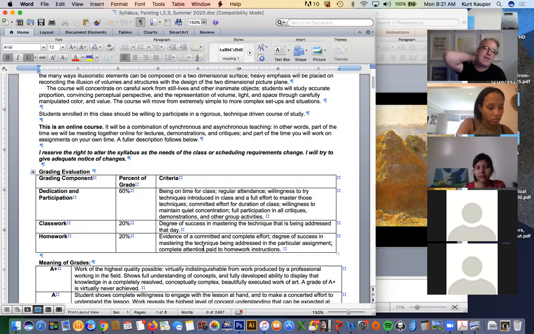And then dedication and participation is really important for an artist, because every artist I know who is successful is an incredibly hard worker. Now, there's this kind of romantic idea out there that artists don't do much until they're blessed with inspiration, and then they work feverishly, and then they don't do much. It's total nonsense. Every successful artist I know is constantly working.